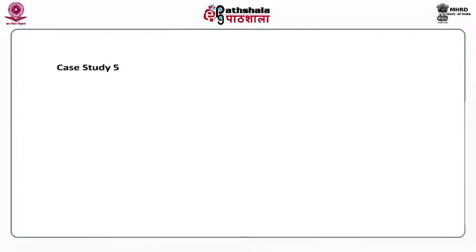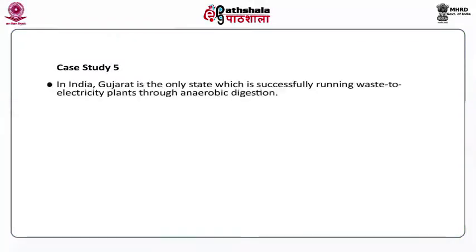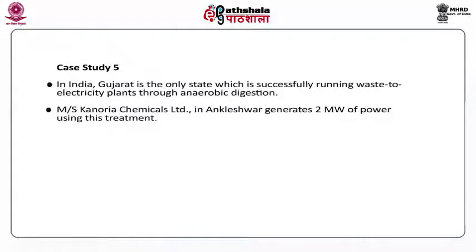Now, fifth case study. In India, Gujarat is the only state which is successfully running a waste to energy plant through anaerobic digestion. MS Kanodia Chemicals Limited in Ankaleshwar generates 2 megawatt of power using this treatment.